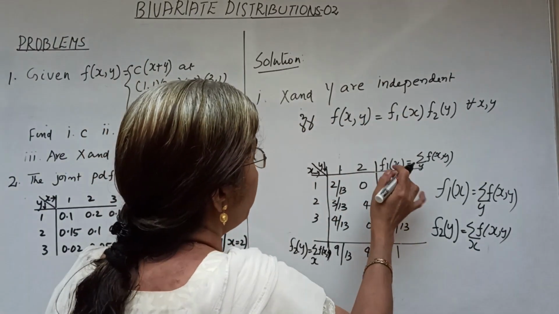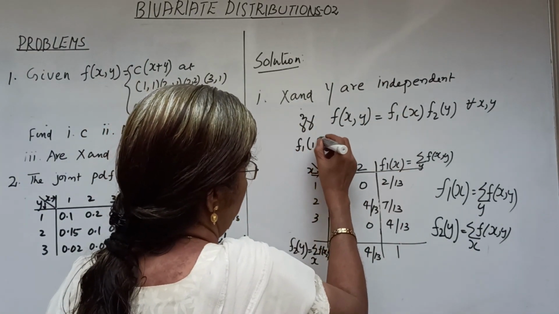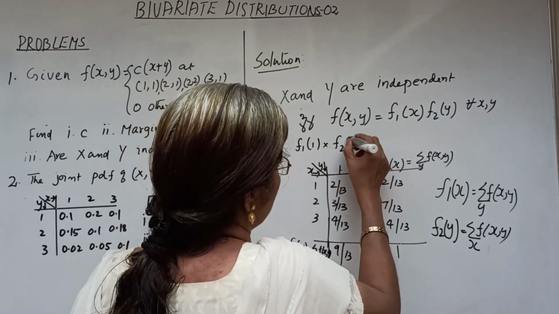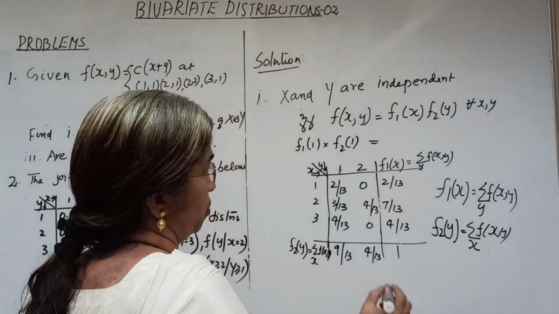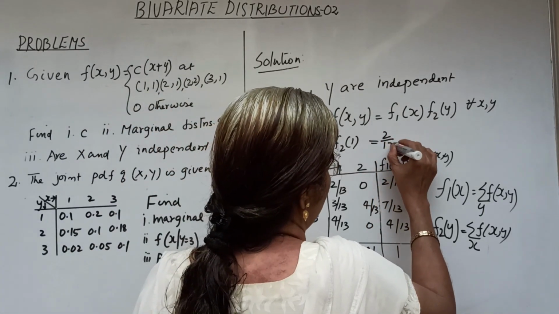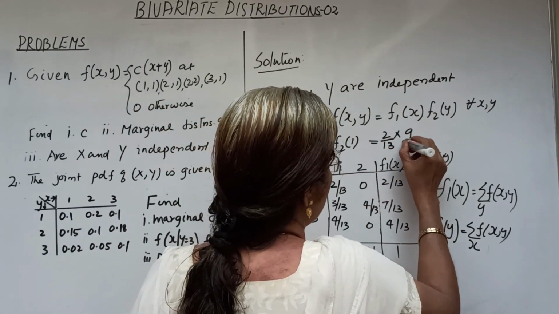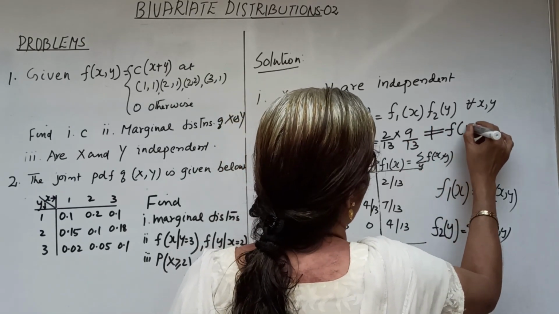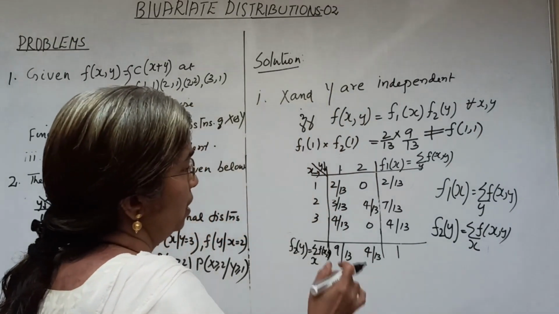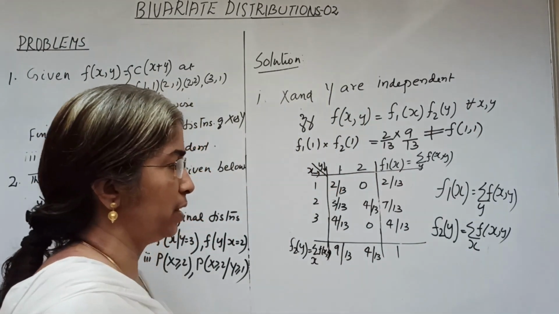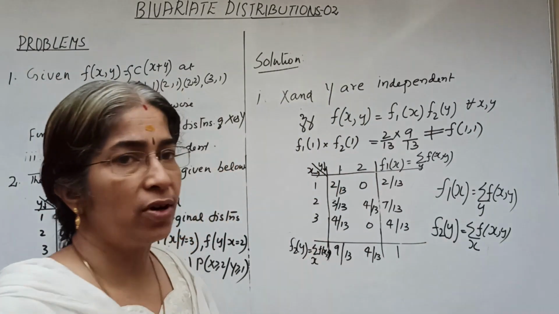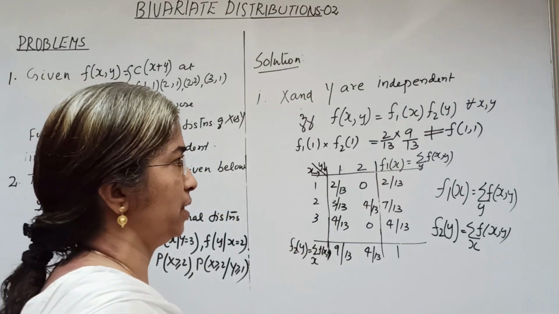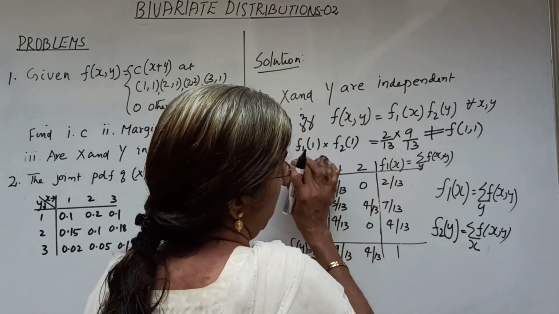What about f1(1) into f2(1)? That is the first row total into the first column total, 2 by 13 into 9 by 13. It is not equal to f(1,1). Here the value is 2 by 13, but f1(1) into f2(1) is 2 by 13 into 9 by 13. That is what we have obtained.